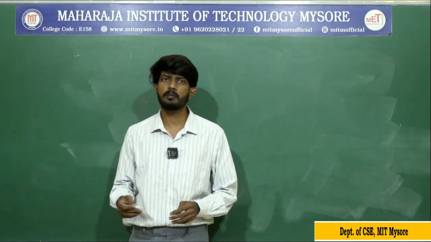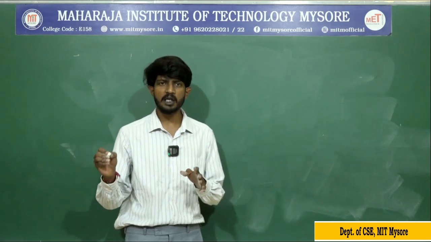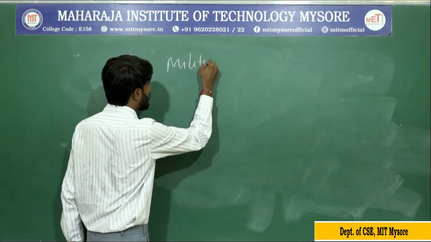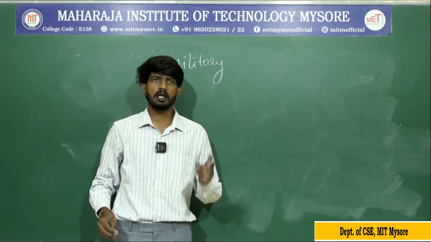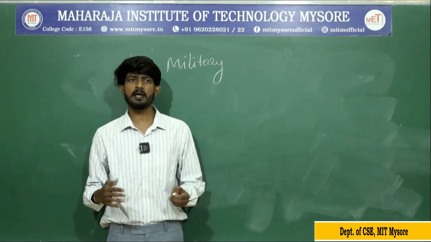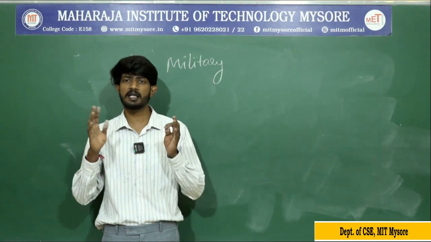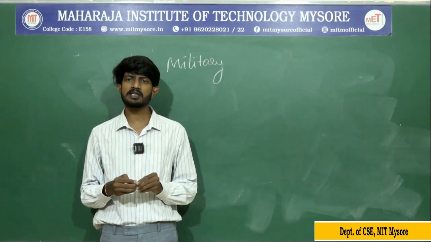In the applications of computers, at first, computers were used only for military purposes. In the military, the messages which were sent by the soldiers needed to be decoded. So for that purpose we were using computers in the military.